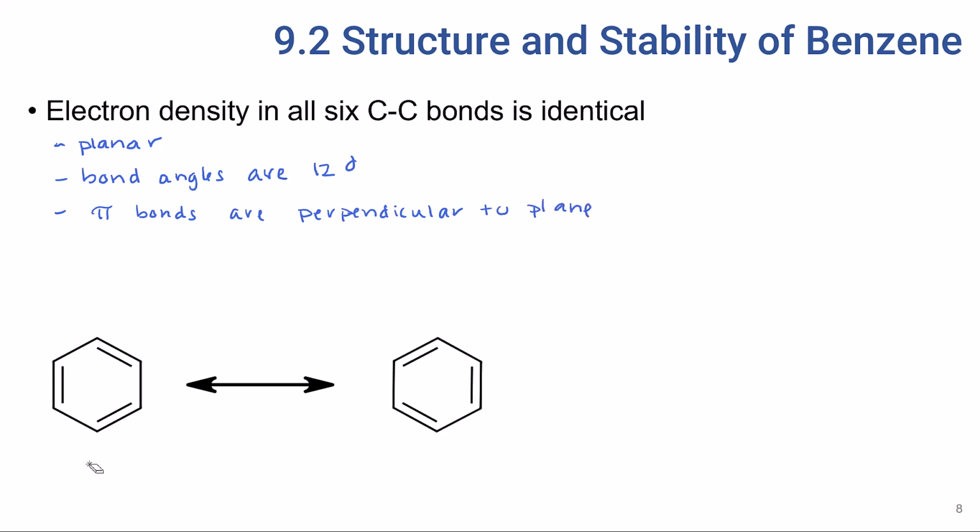And what we can see here is a resonance structure where each of these pi bonds shifts over 1 carbon to give us that next one there. And oftentimes, benzene can also be represented with a circle because those electrons are always moving around.